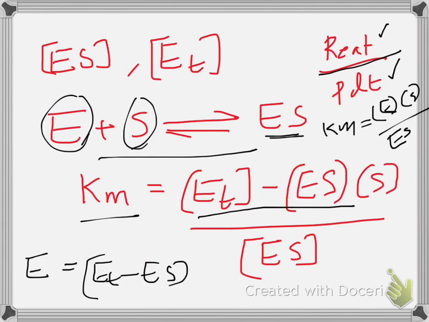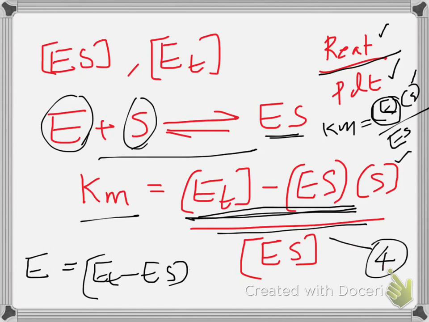So instead of E, we can use ET minus ES, giving Km equals ET minus ES into S divided by ES. We take this as equation 4.